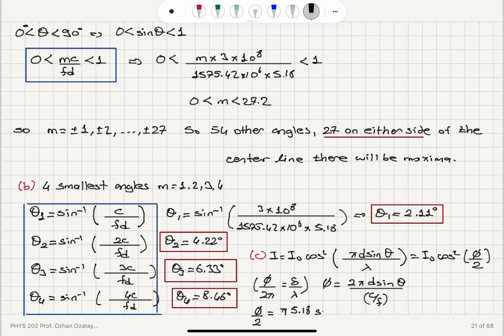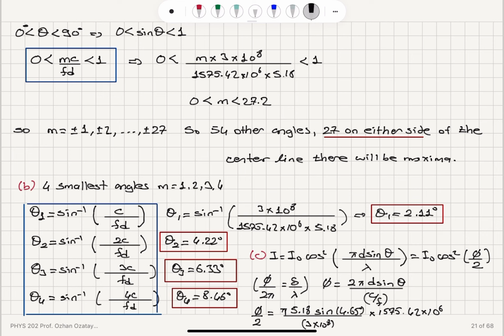Now we're looking at an angle of 4.65 degrees divided by 3 times 10 to 8 meters per second, multiplied by the frequency 1575.42 times 10 to 6.